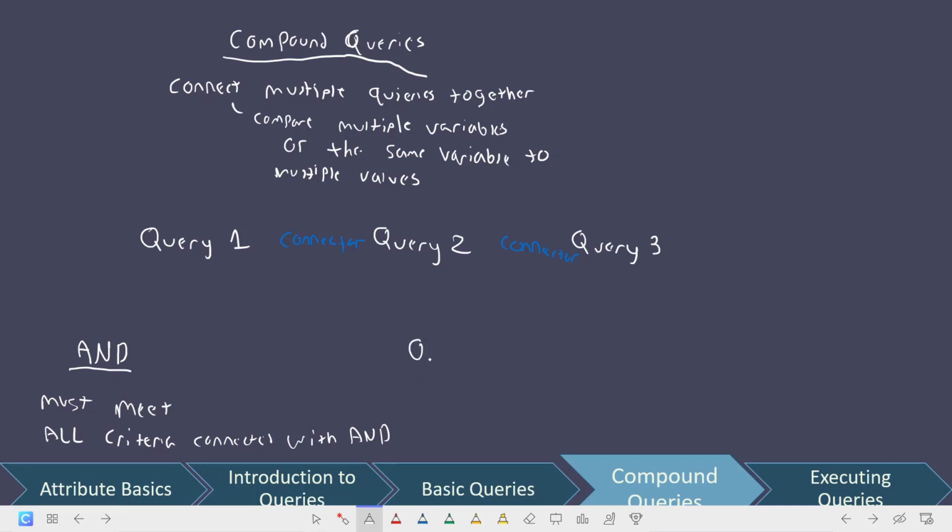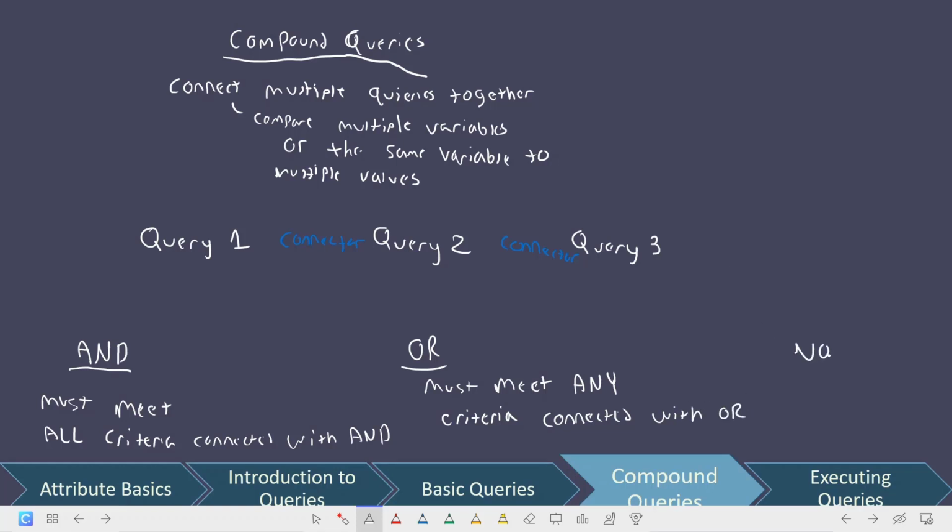Or must meet any criteria connected with or.